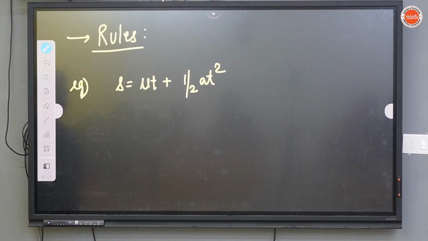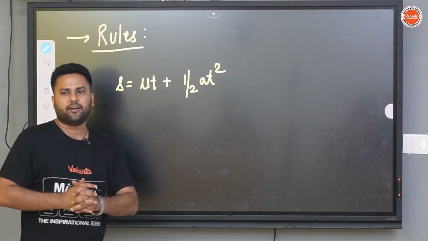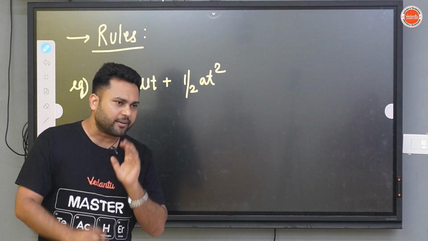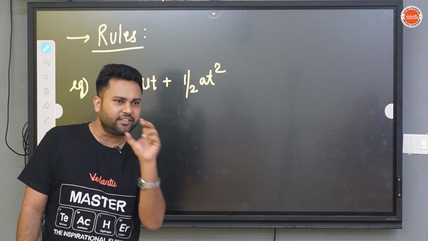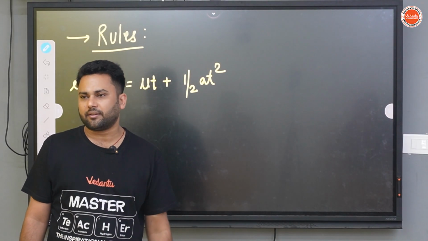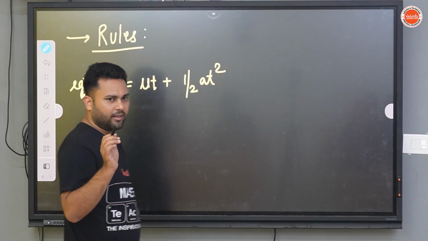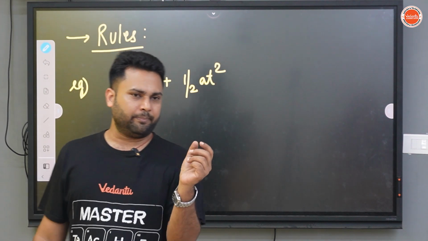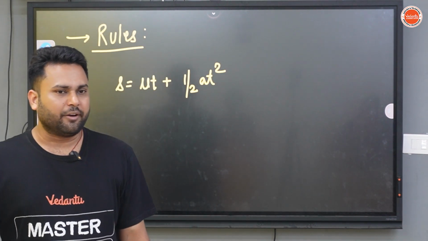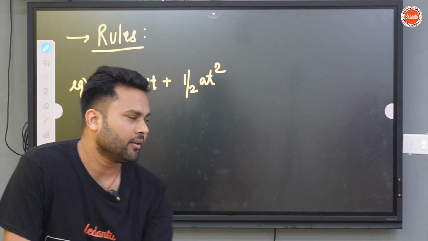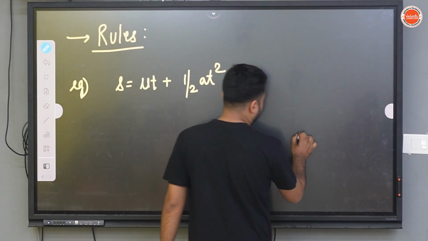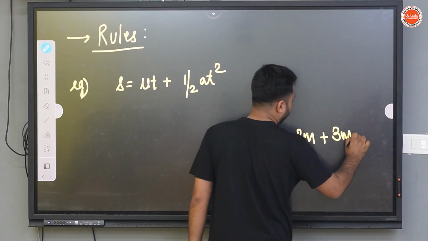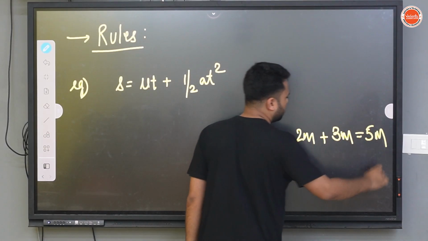This is the formula. So always remember, if we are adding things or subtracting things, each and every term will have the same dimension. For example, if I ask you to add 2 meter plus 3 meter, what will the answer be? 5 meter.